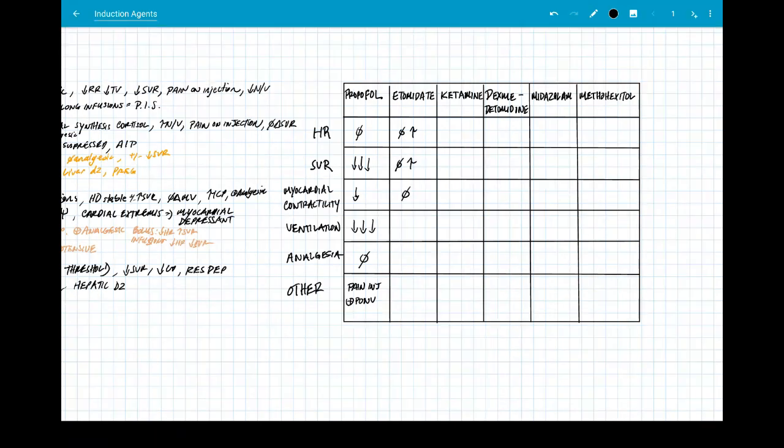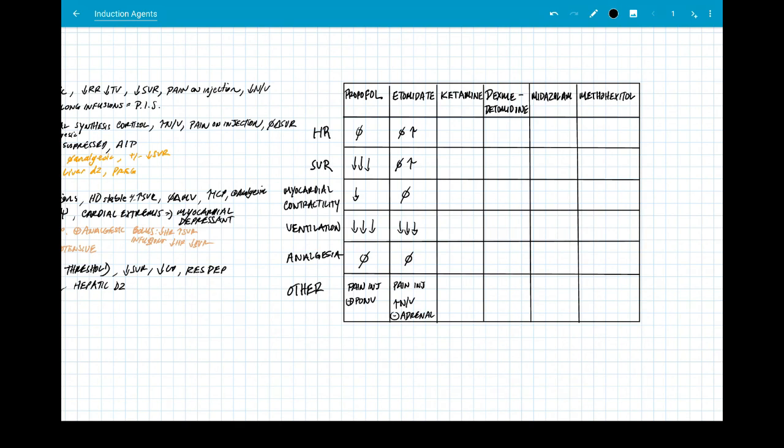It does not interfere with myocardial contractility. Your ventilation will be suppressed. No analgesic properties. It is also painful on injection, but it actually increases nausea and vomiting. And the big thing here is it suppresses adrenal function.